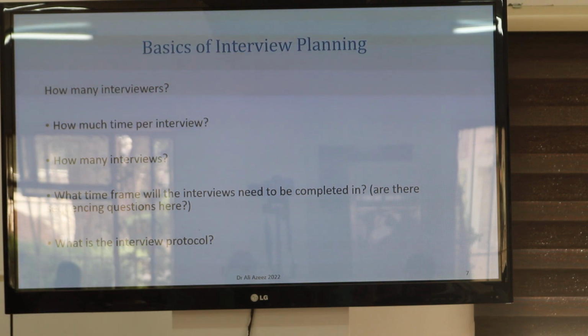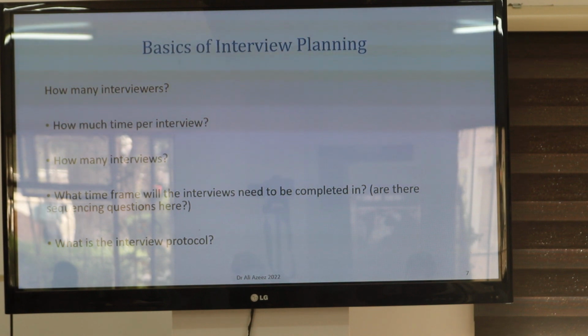Before you get started, you need to understand how many interviews you will have. What about the time of the interview? What is the interview protocol? You need to prepare questions. We call it the interview protocol. So when do we stop collecting data? The point is called the saturation point. The saturation may happen after 5 participants, or it could happen after 20. It depends.